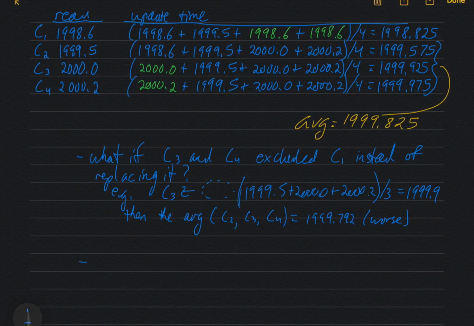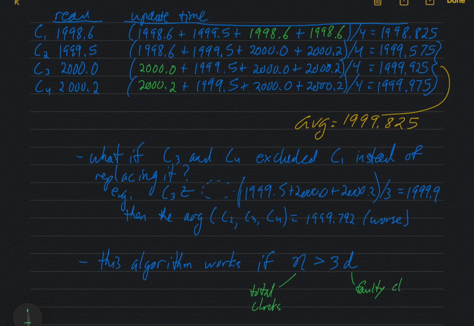The proof for this is quite complex, but you can look up the paper and check it out if you're interested. One of the things from the paper is that this algorithm works if n, which is the total number of clocks in the system, is greater than 3d. So n is the total clocks and d is the faulty clocks.